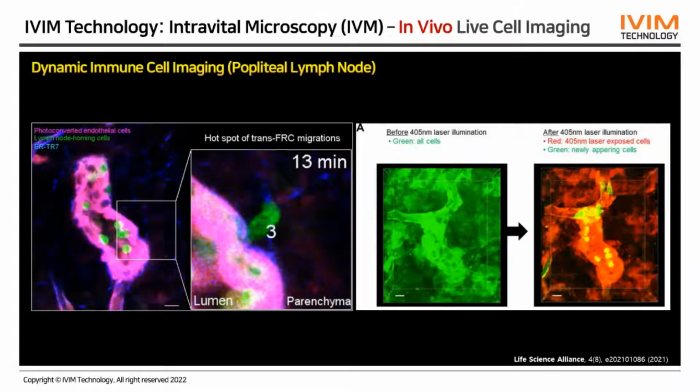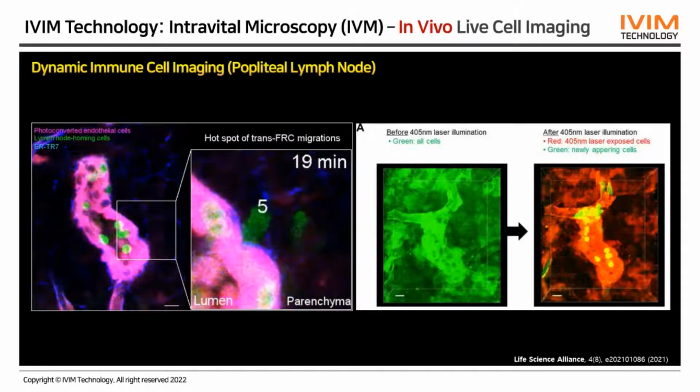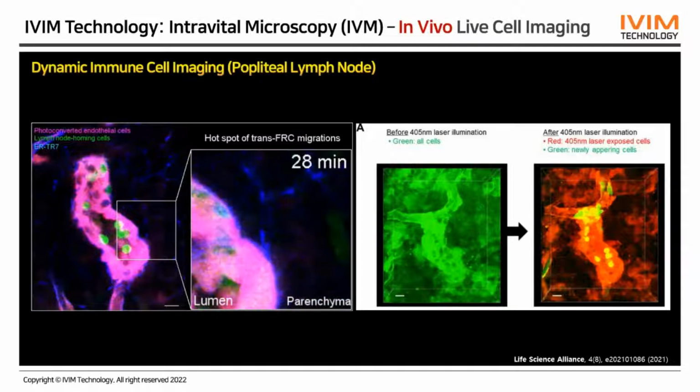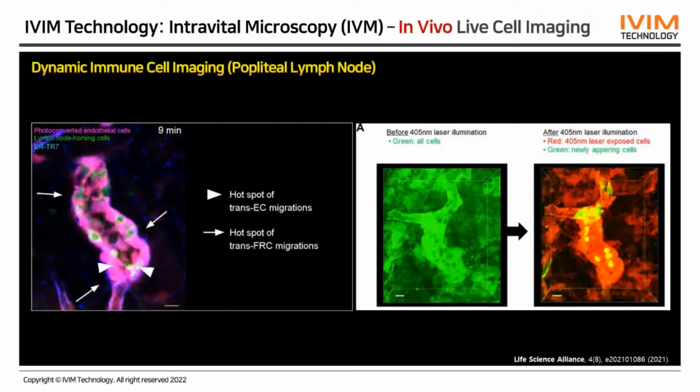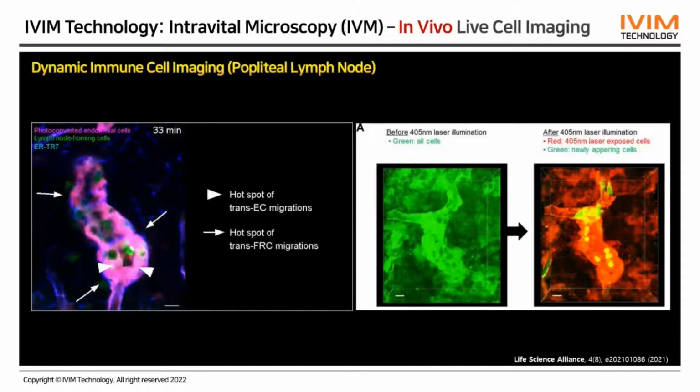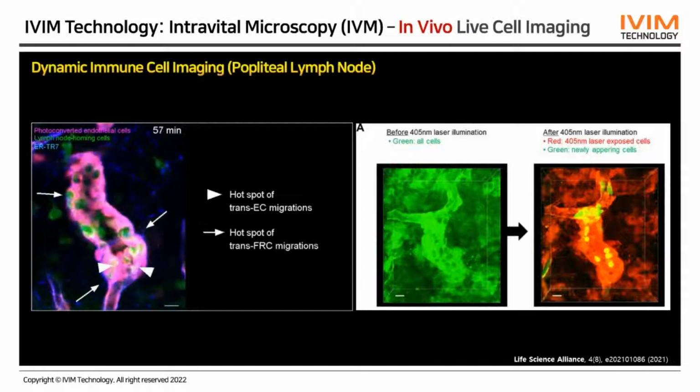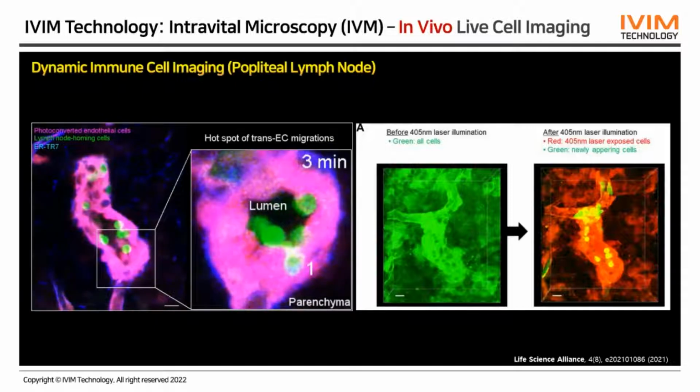Therefore, we were able to observe the trans-EC and trans-FRC migration of the green cells across the red photoconverted ECs in HEVs. Up to 12 and 8 green cells transmigrated across ECs and FRCs respectively at the same sites in HEV during 1.5 hours.